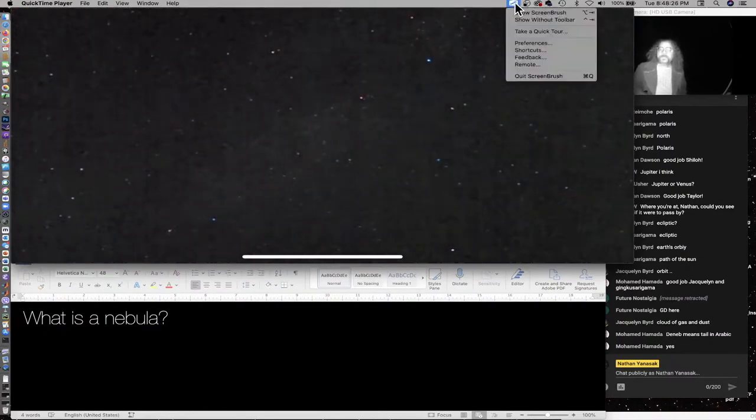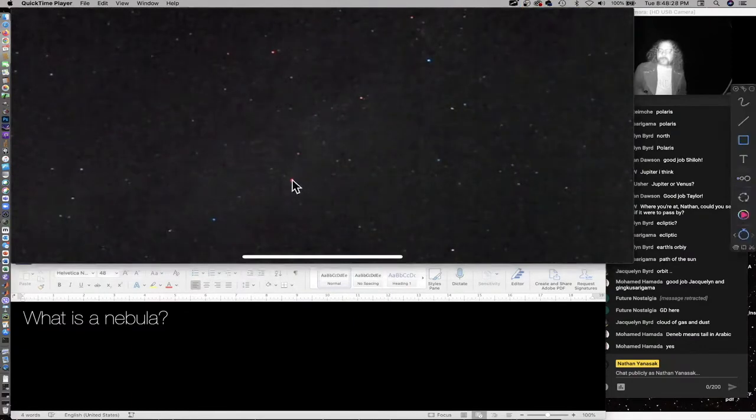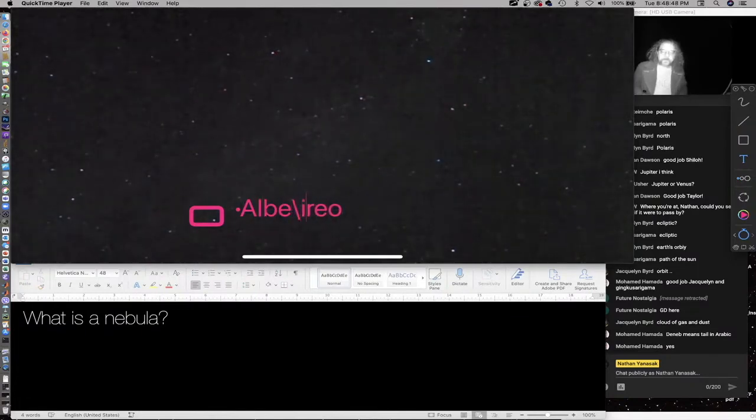There is another cool star that if we actually go stargazing out here, it's this one. So it's at the head, and this star is called Albireo. I didn't spell that right.